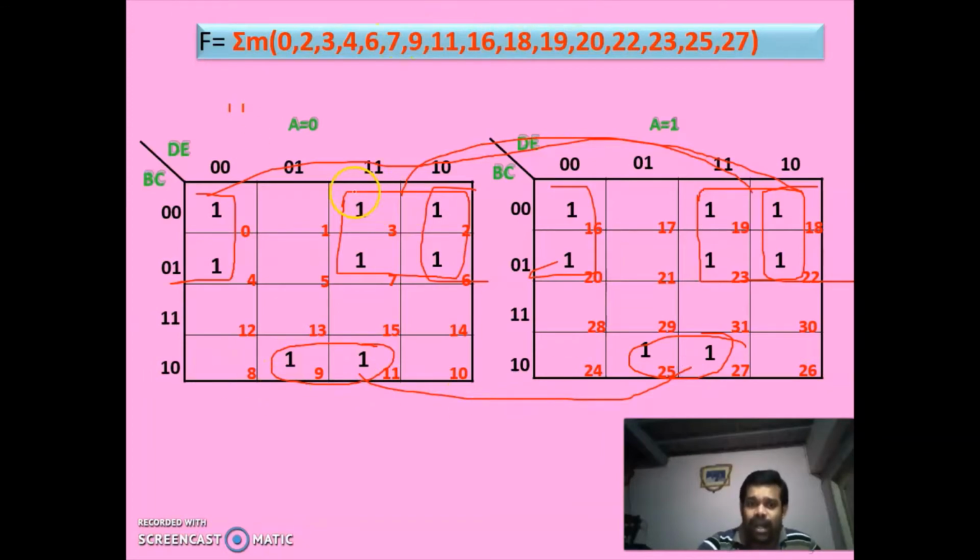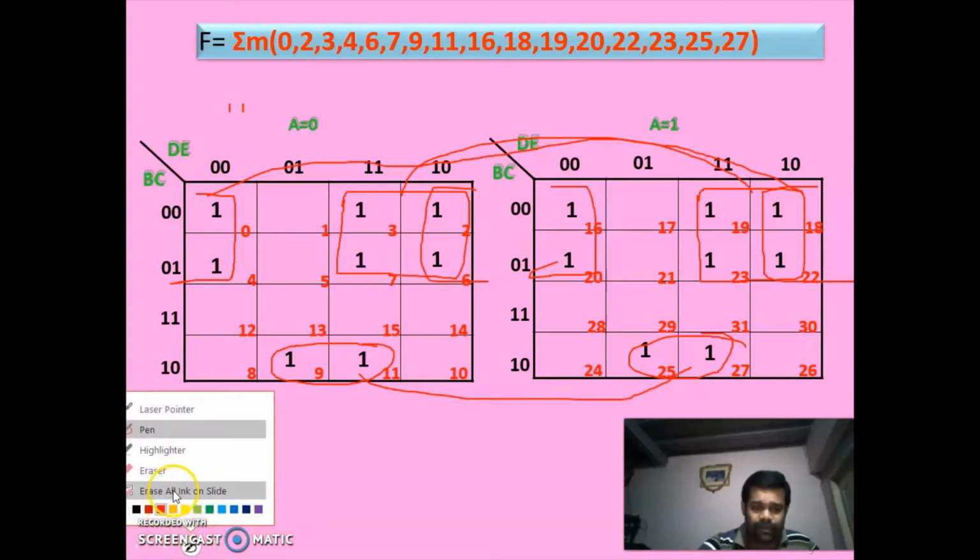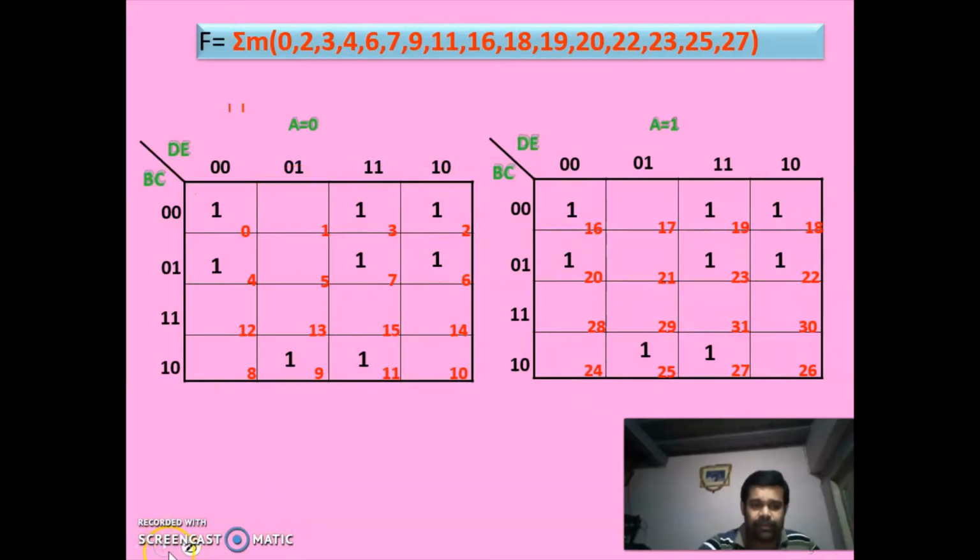So this is the first group. You are having 4 ones in this place and 4 ones in this place, and you can take these two common. Now how to write the expression?